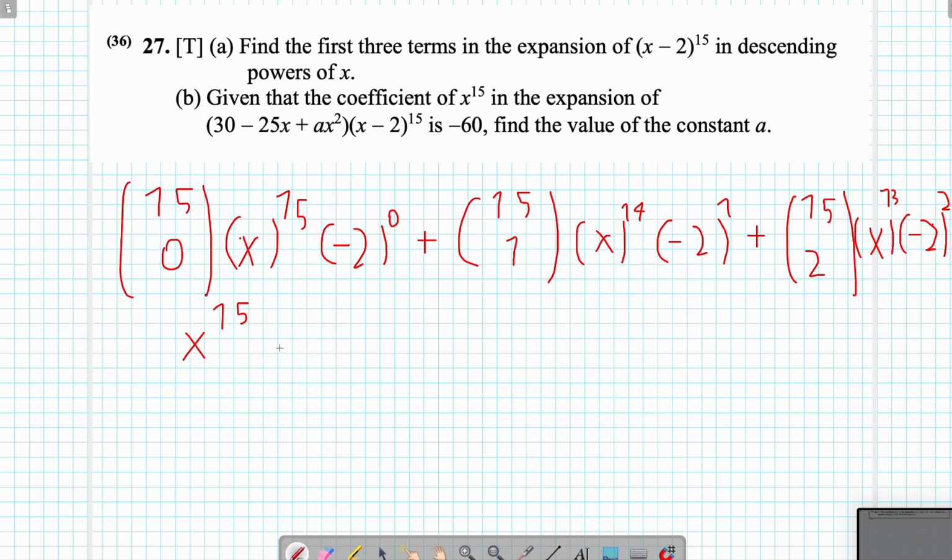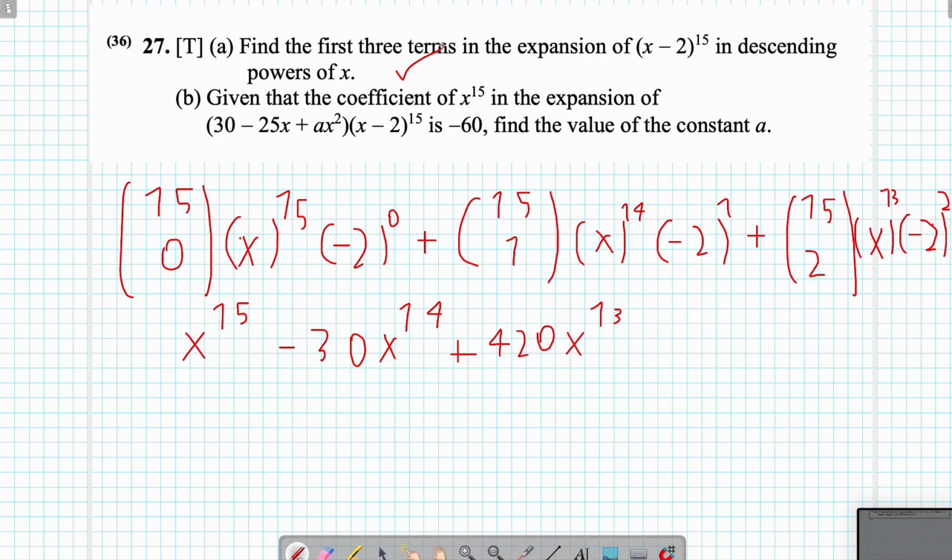So x to the 15 minus 30 x to the 14 plus 15c2, which is 105 times negative 2 squared, which is 420 x to the 13, and that's how we have part A done.